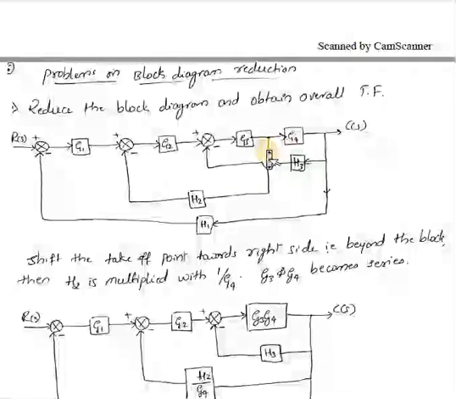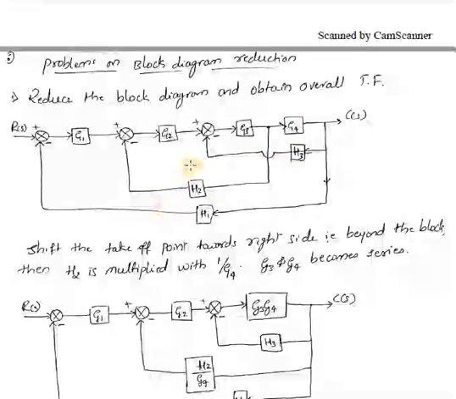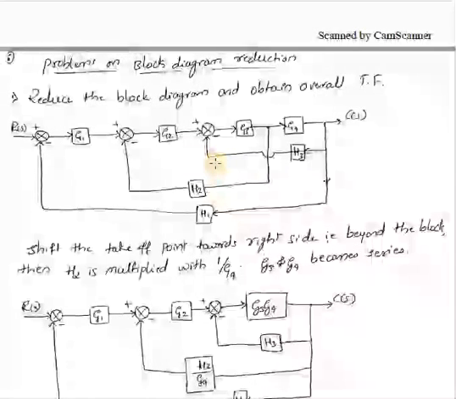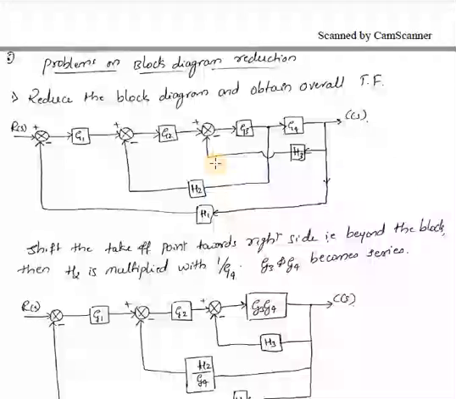So now to simplify this, shift the takeoff point towards the right side, that is beyond the block, then H2 is multiplied with 1 by G4. So I will shift this takeoff point after the block. Whenever you are shifting the takeoff point after the block, you have to remember those rules.